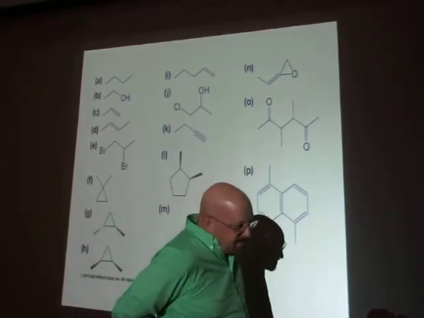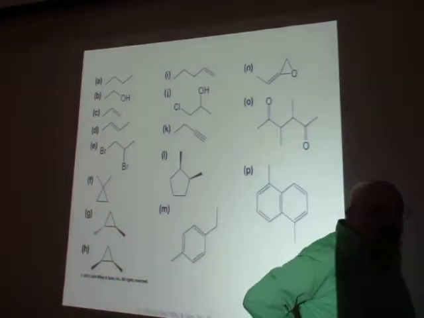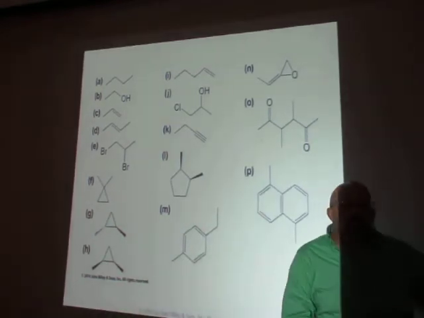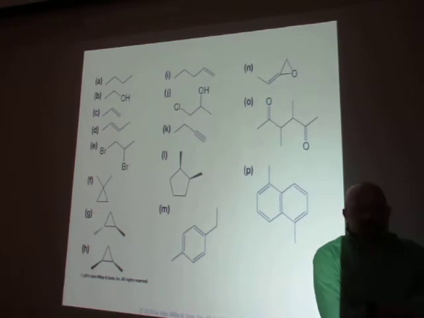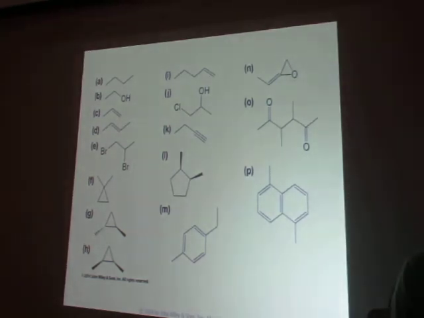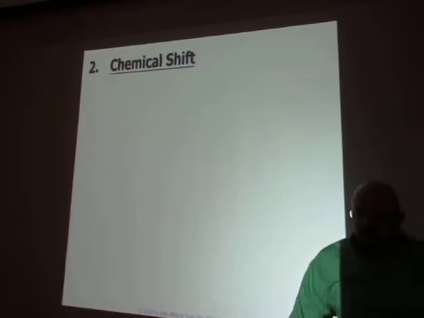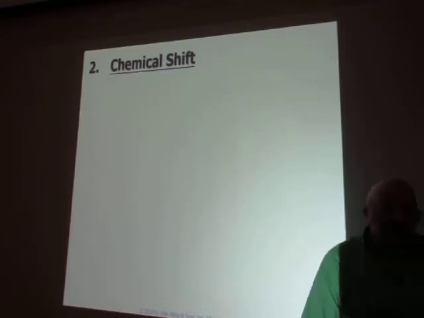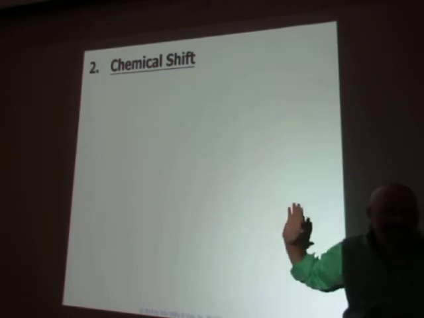So the number of signals tells us how many different kinds of hydrogens we have, how many different environments that they're in. We're next going to look at the chemical shift. So the chemical shift is where it comes on the x-axis.